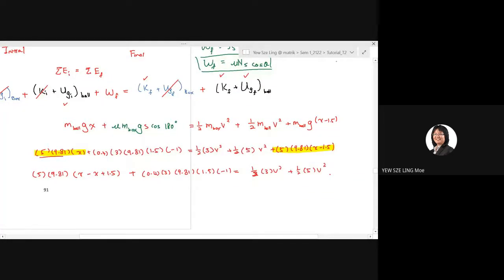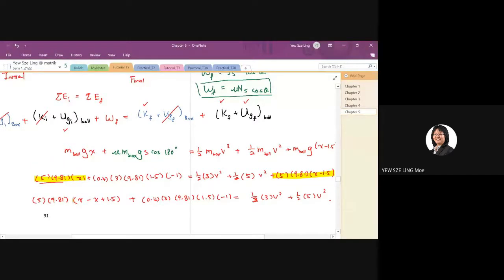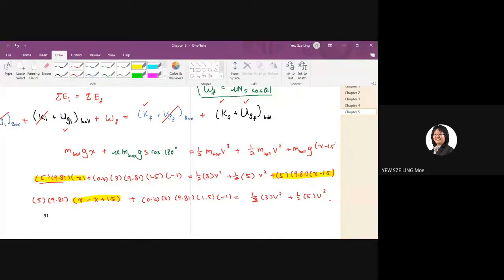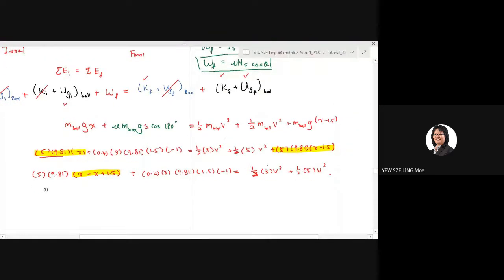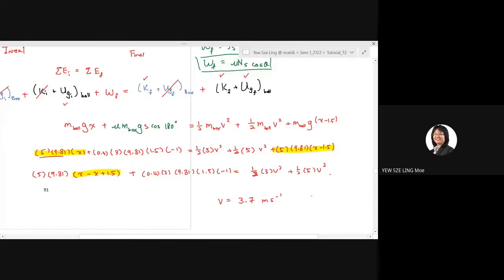So the crucial part is whether you know how to cancel out the x. And then what do I have at last? If you rearrange the equation, I leave the rearranging for you. You will get v approximately equal to 3.7 m/s. My answer, I obtained 3.67.